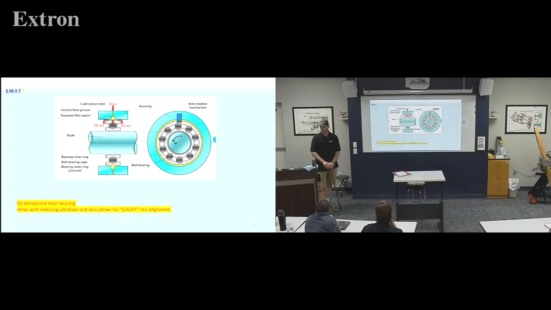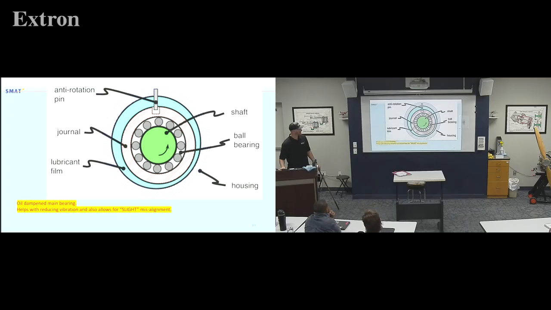So you're going to have the oil pressure coming in, and then a dry sump that's sucking the oil back out of there. So this doesn't give you the complete picture. What they do want you to see is the anti-rotation mechanism. It's kind of like a little keyway going through there. It keeps the race from racing, it keeps the outside from running around. And you notice they put it on that one as well, anti-rotation pin.